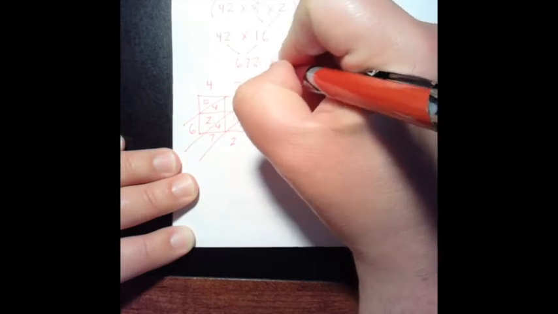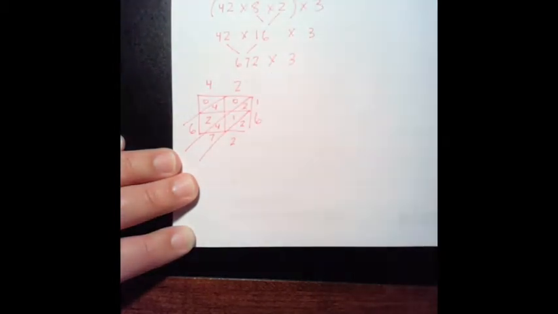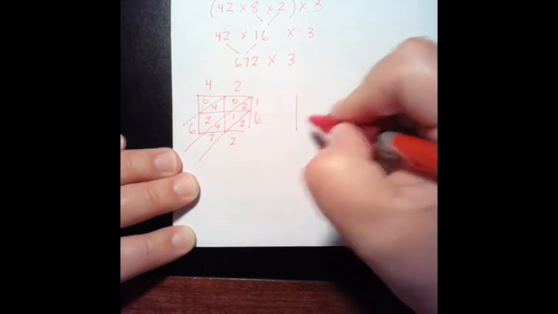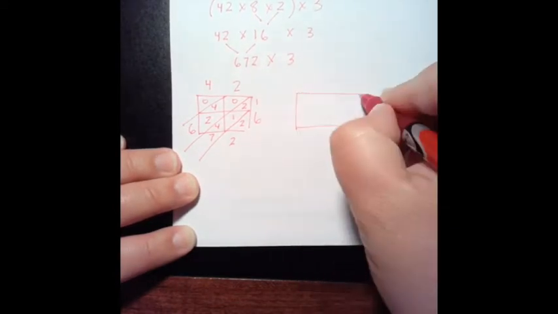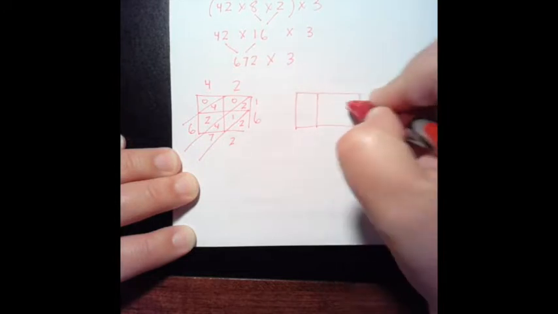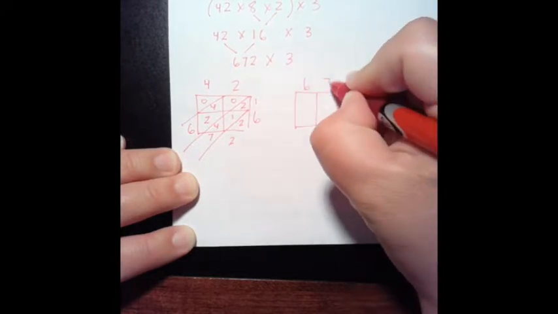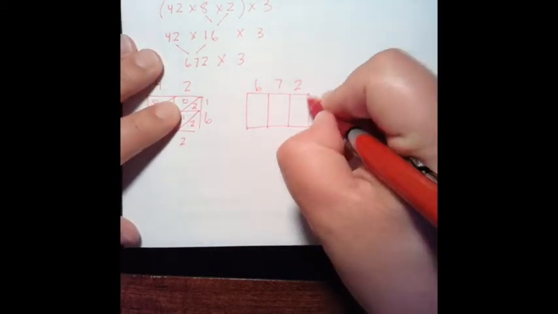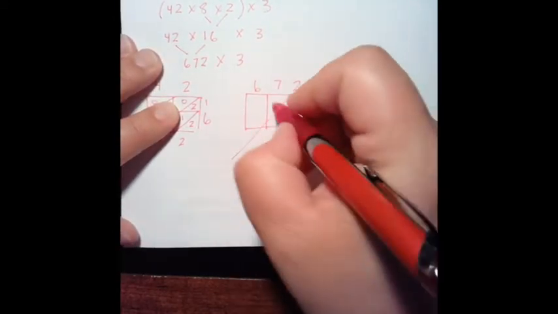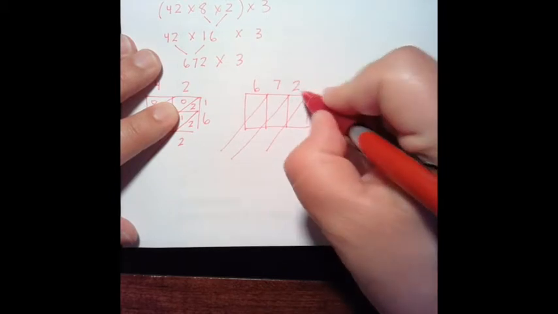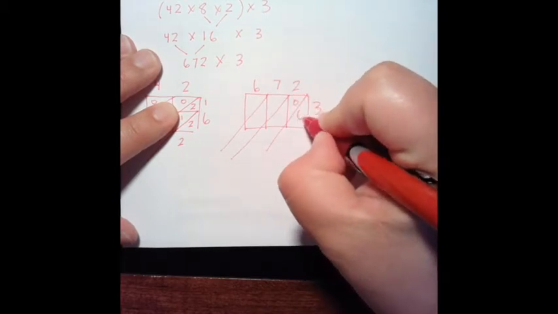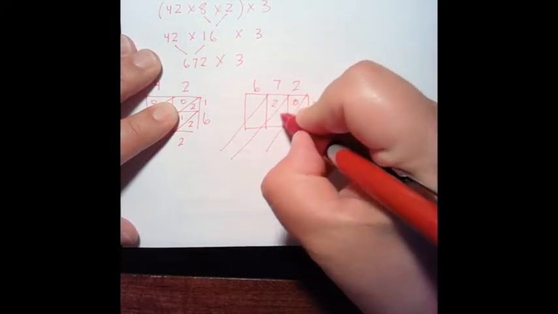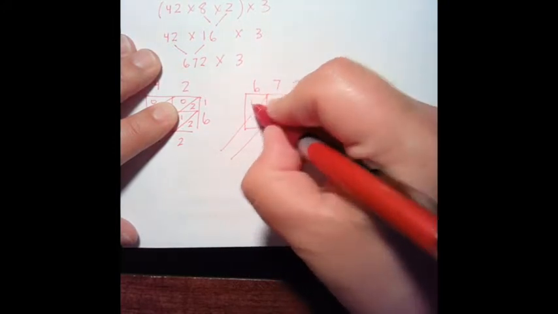Now we're not done. We still have to multiply by 3. So we can do another lattice over here, make it bigger, 672 times 3. Draw your diagonals. 2 times 3 is 6, so you put your 0, 6. 7 times 3 is 21. 6 times 3 is 18.